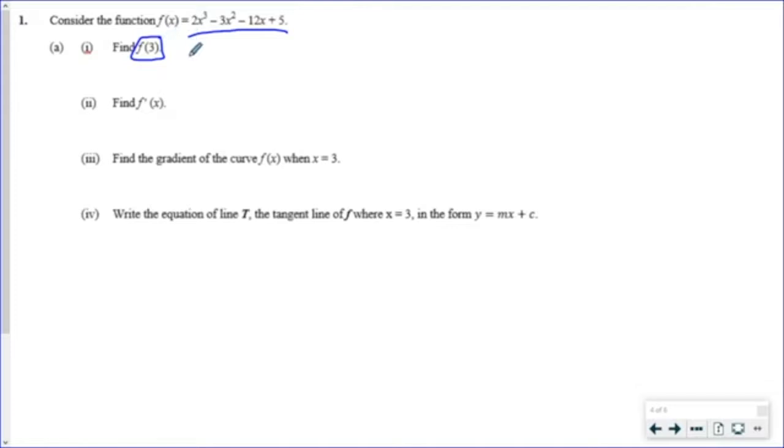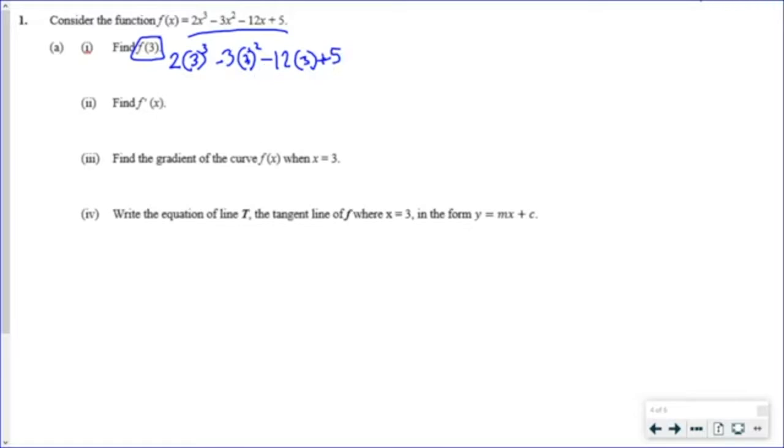So this is what you're doing. 2 parentheses, because there's an x there, 3 parentheses cubed minus 3 parentheses 3 parentheses squared minus 12 parentheses, again there's an x there, 3 plus, not minus, plus 5.